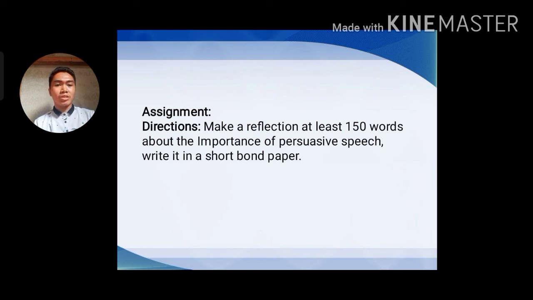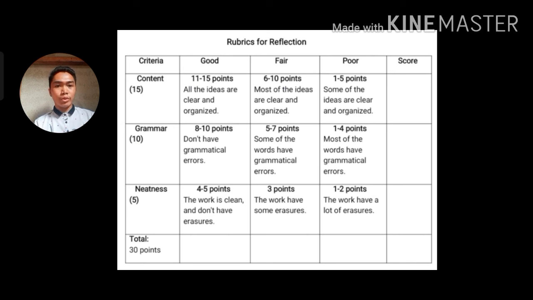So this is the rubrics. This will serve as your guide in doing your reflection. So we have content 15, grammar 10, neatness 5. So a total of 30 points.